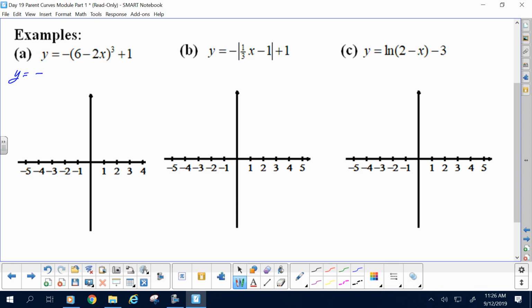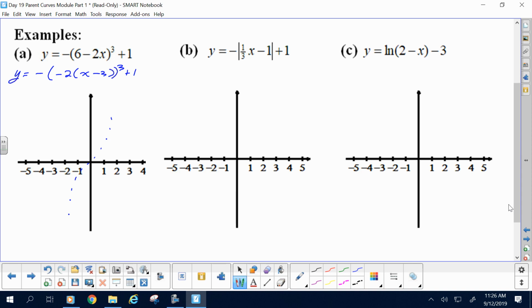Factor. And when I do, if I take out a negative 2, leaving me with x minus 3. Now this is where you're going to use your arrangement. So what's the shape of x cubed? A squiggly line that goes from frowny to smiley. And then what does the negative inside do?